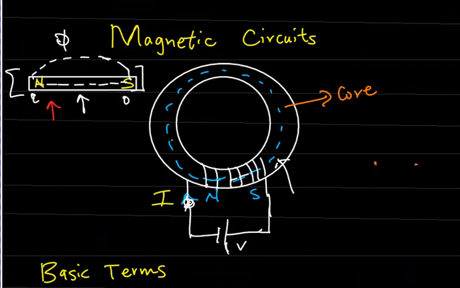As you can see, the length of the flux is the circumference of the circle. The flux is circular in nature, so the length of the flux is simply the circumference of the circle, which is 2 pi r, where r is the radius of the circle.